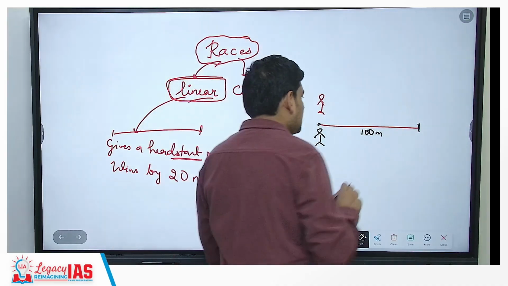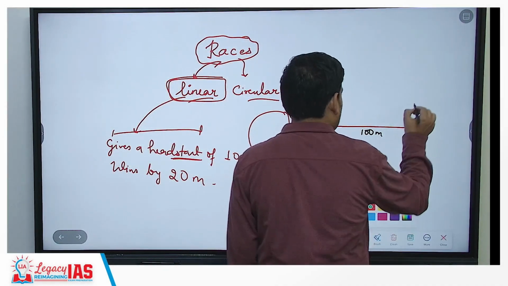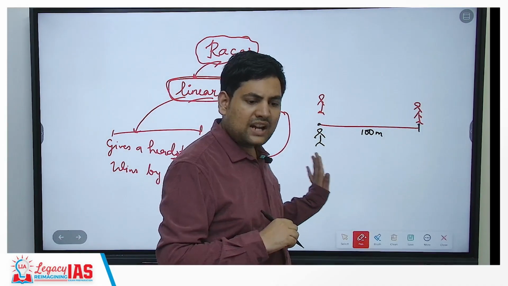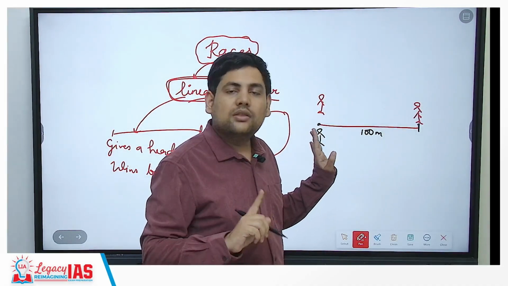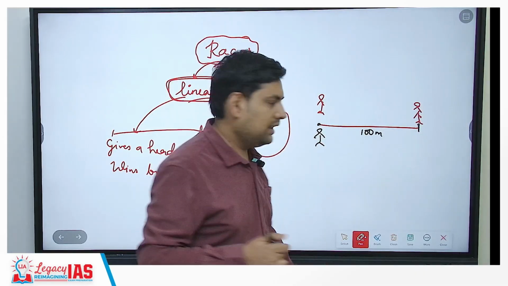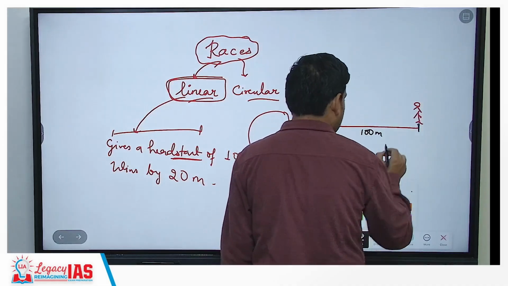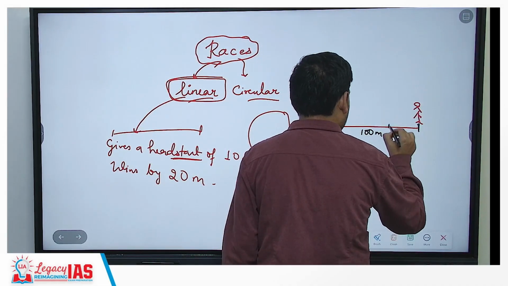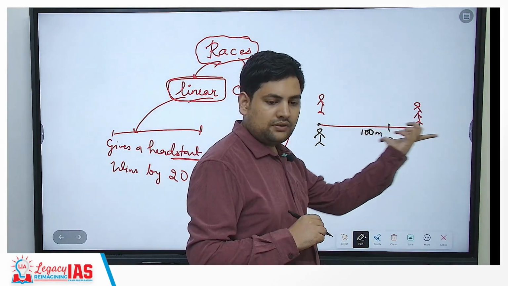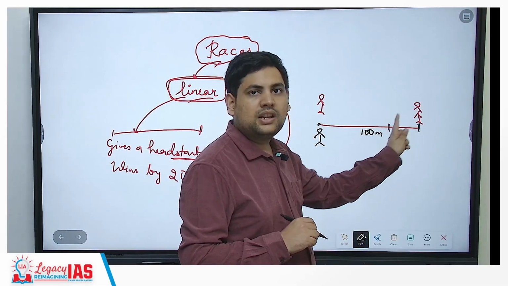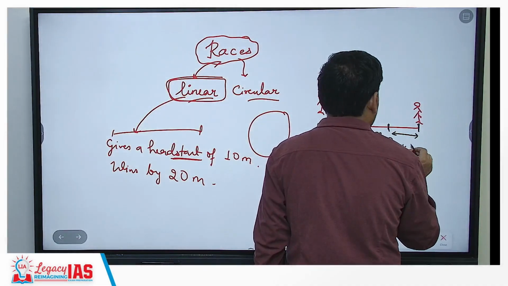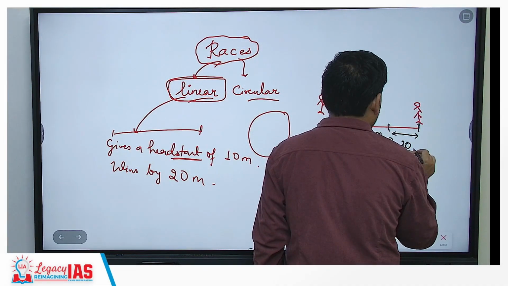Now the scenario is when red one reaches the final point, then black will be some meters behind, correct? Black will be some meters behind when this red one reaches the end. So let's say the black one reaches here at some point. This was the total length of the race. Whatever is this distance when red has completed and black is left behind, let's say this is 20 meters.